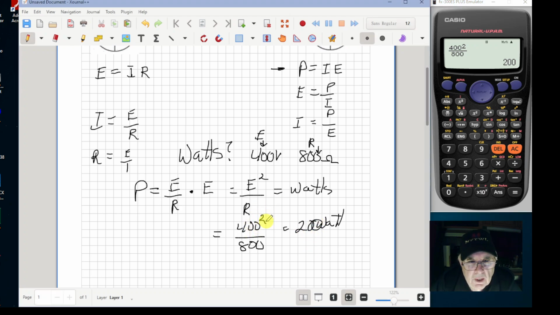Makes more sense. Okay. The key takeaway here, though, is I was able to use one of the Ohm's Law formulas as a substitute for one of the letters over here. There's no R here. I have a voltage and a resistance.